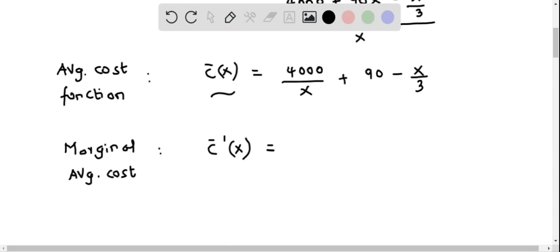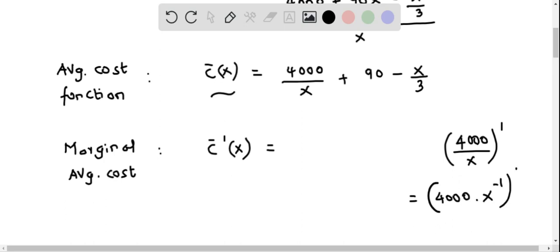The first expression we have is 4000 over x. We have to find its derivative. This can be written as 4000 times 1 over x, and 1 over x can be written as x raised to the power of negative 1. When we use the constant multiple rule, we keep 4000 as it is, and then apply the power rule to x raised to the power of negative 1.